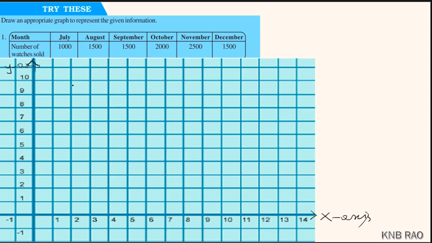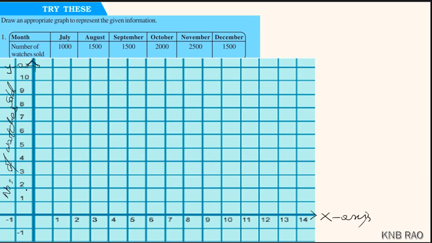We can take quantities, the numerical quantity, on the y-axis, that is the number of watches sold. They become the quantity taken on the y-axis.